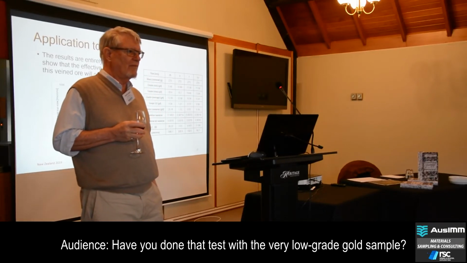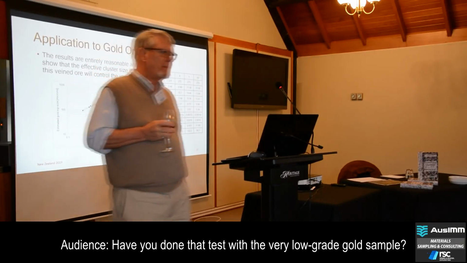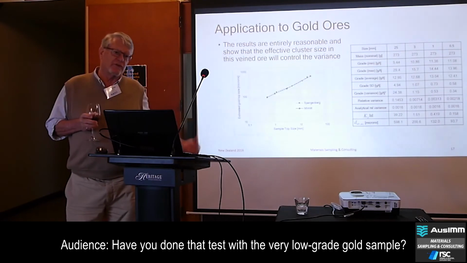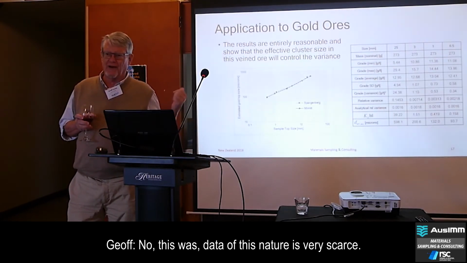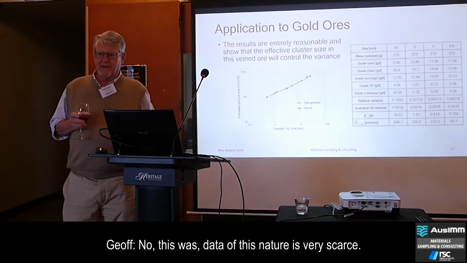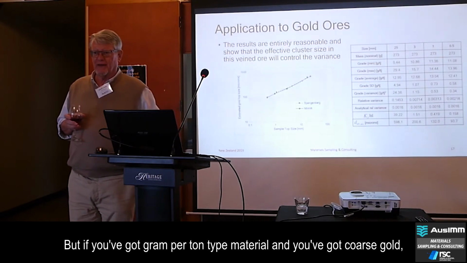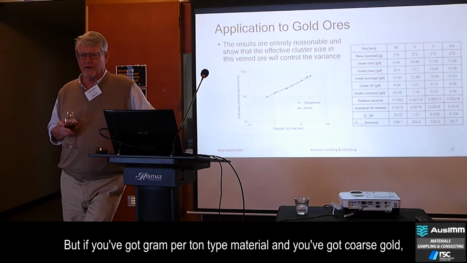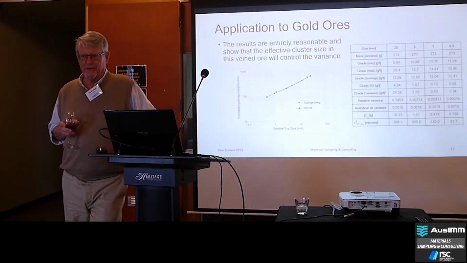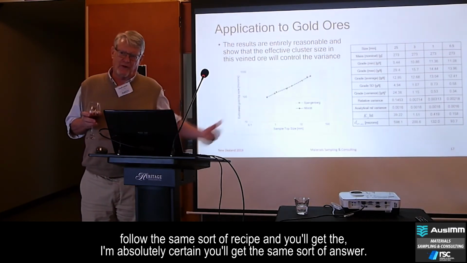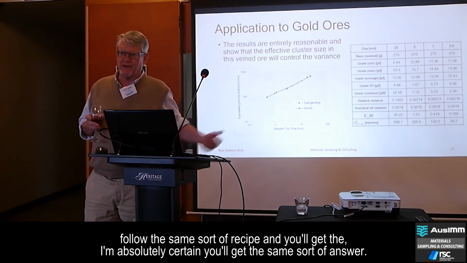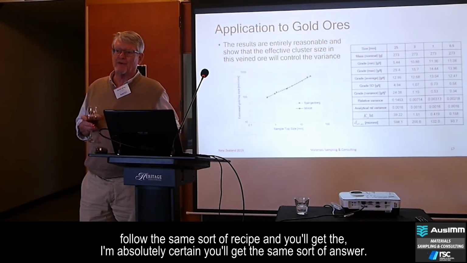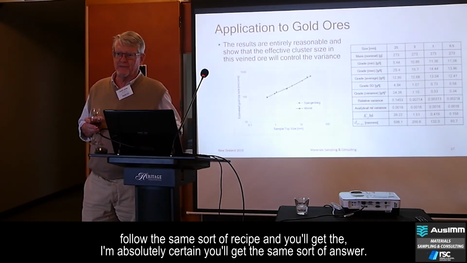Did you test with a very low grade gold sample, like around a gram? Data of this nature is very scarce. But if you've got gram per ton type material and you've got coarse gold, follow the same sort of recipe and I'm absolutely certain you'll get the same sort of answer.